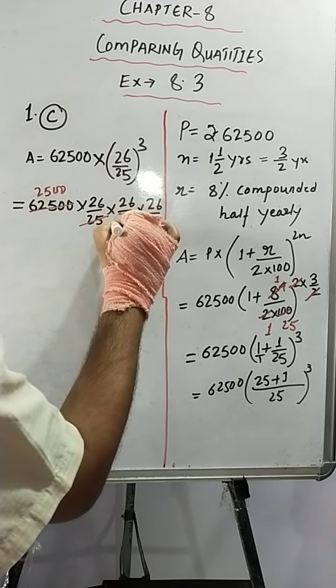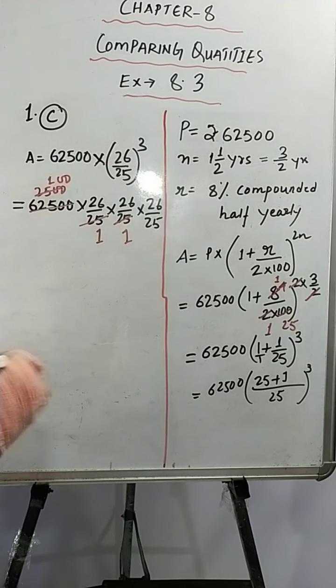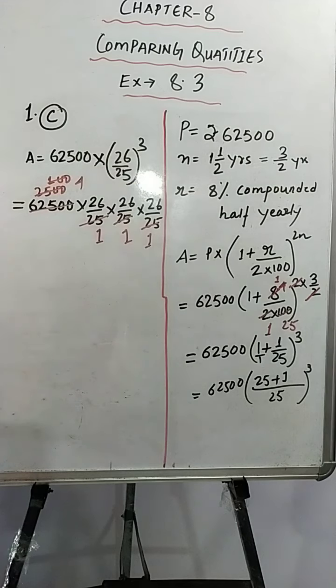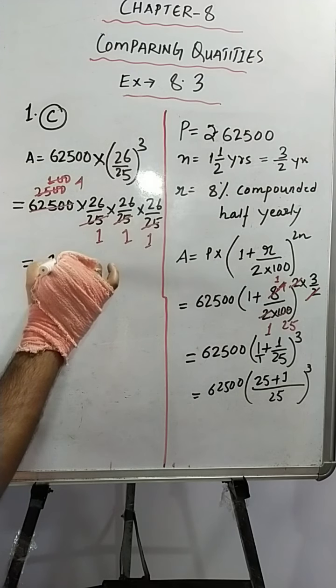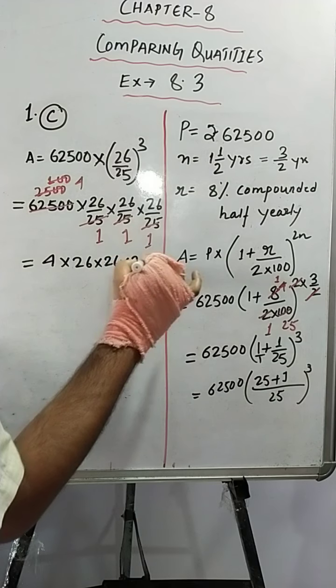Then again reduce, 25 ones are 25, hundreds. Again reduce, 25 ones are 25, wholes, as 25 times 25 is 625. Fine. So you have to multiply 4 into 26 into 26 into 26.